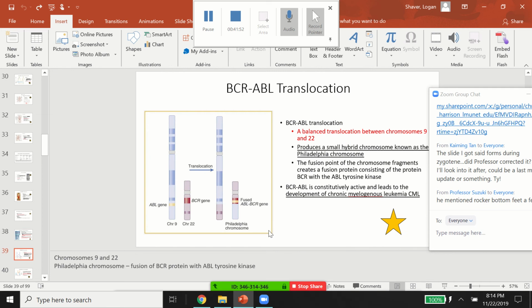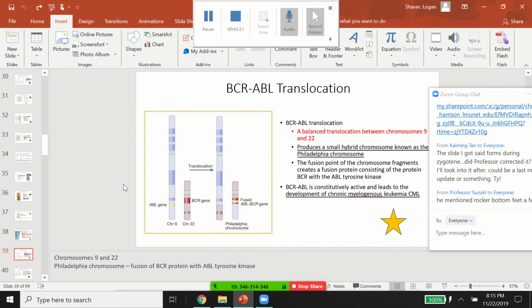So now he goes into specifics about examples of translocations. The one I think that's always important, every time they mention it, is BCR-ABL, they mention it all the time. Otherwise known as the Philadelphia chromosome. It's associated with CML. So CML is pretty high yield with BCR-ABL. I would also just know that they refer to that as the Philadelphia chromosome, and that's between 9 and 22.